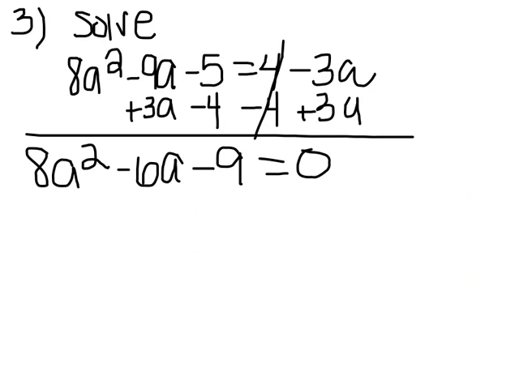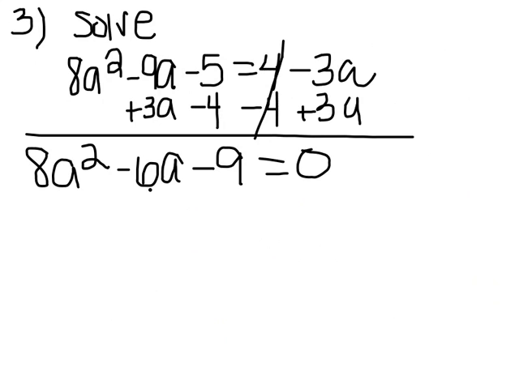Now that everything is on one side, we can try to factor our equation in order to solve. So the first thing that we should do is look for a GCF. 8, 6, and 9 are not divisible by any common GCF, so we don't have one. So then we'll be looking at factoring a trinomial with a leading coefficient of 8.